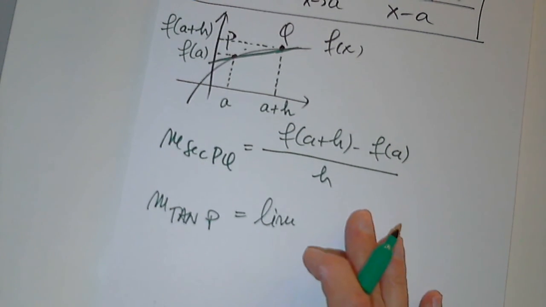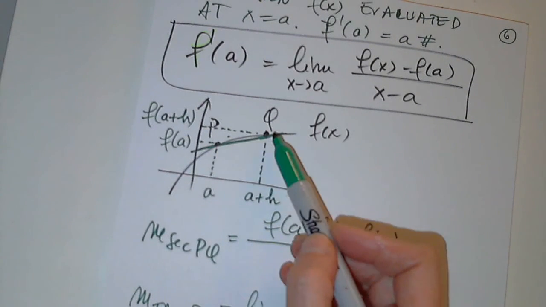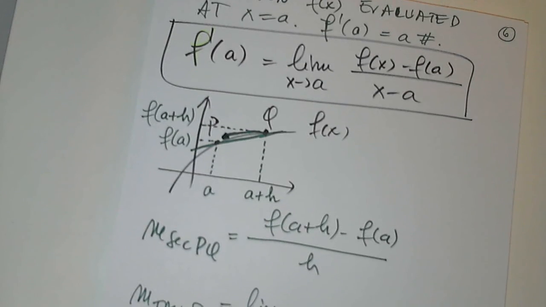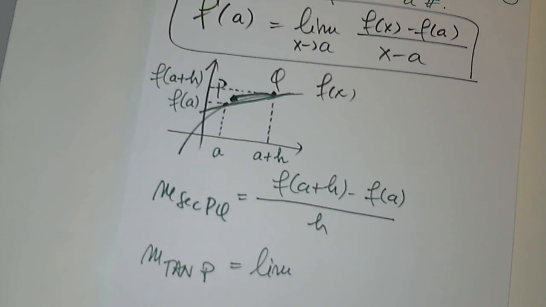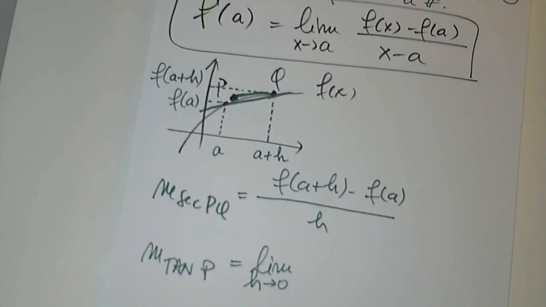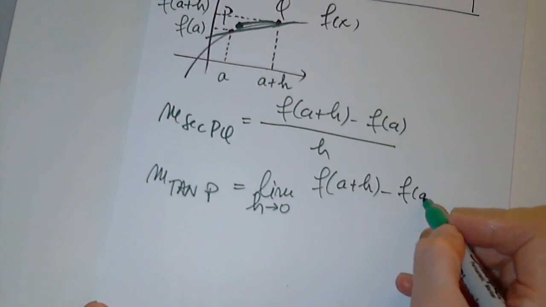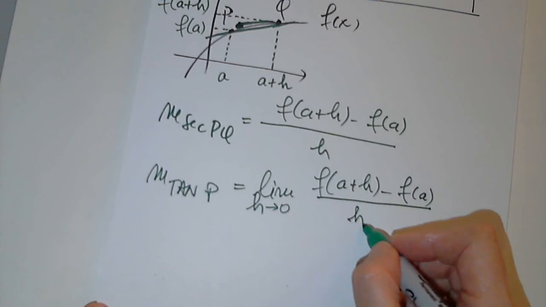We're trying to get close to P. As Q gets closer and closer to P, what happens? h approaches 0. Of course. Very good, awesome. So f of a plus h minus f of a divided by h.